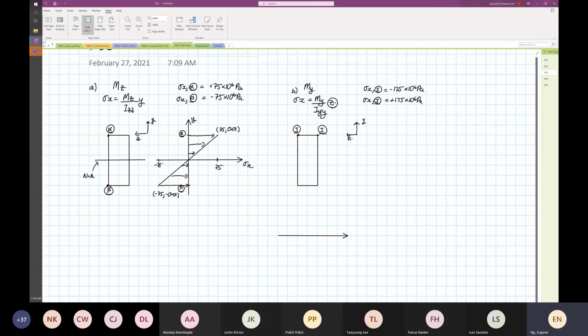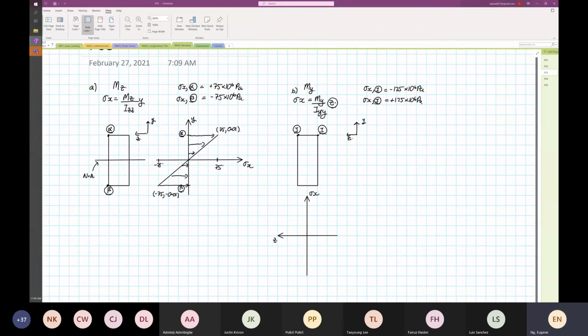No, this will become my y axis. The axis will flip because we're going to do it relative to our structure. So this is our z, and over here this is our stress x.